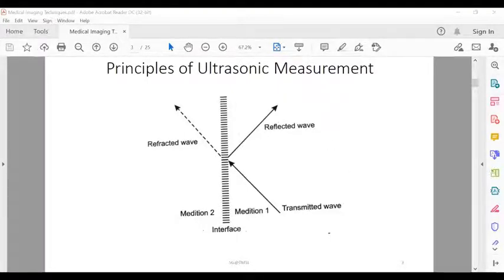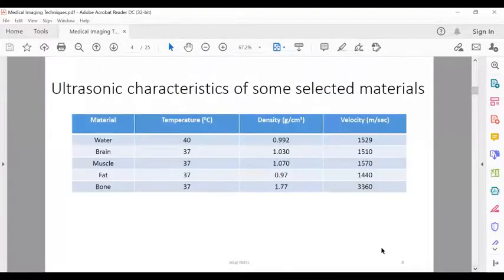So move on to the next slide. Ultrasonic characteristics of some selected materials have been listed here. The velocity of sound propagation through a medium is dependent on the density of the medium, its elastic properties, and the temperature also.